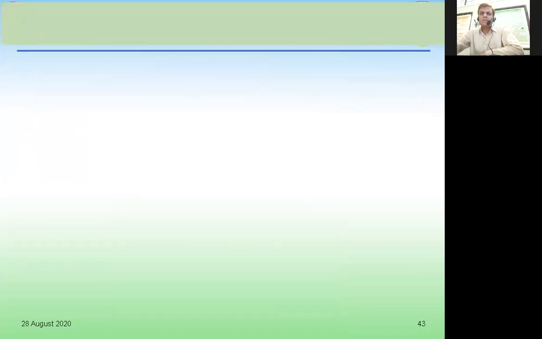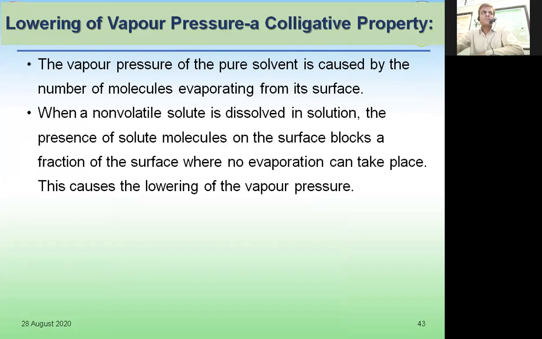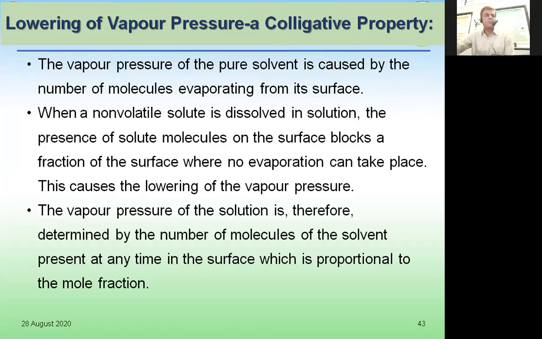As we have discussed, why this lowering of vapor pressure takes place: the vapor pressure of pure solvent is caused by the number of molecules which are evaporating from its surface. When a non-volatile solute is dissolved in a solution, the presence of solute molecules on the surface blocks the movement of the solvent molecules. This leads to the lowering of vapor pressure.